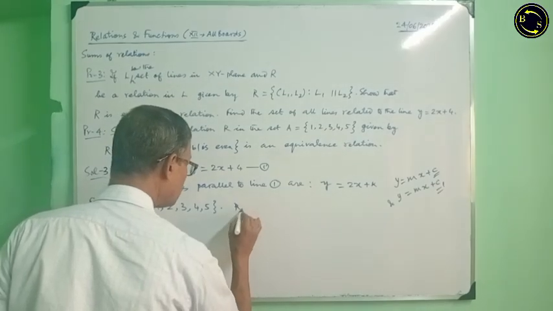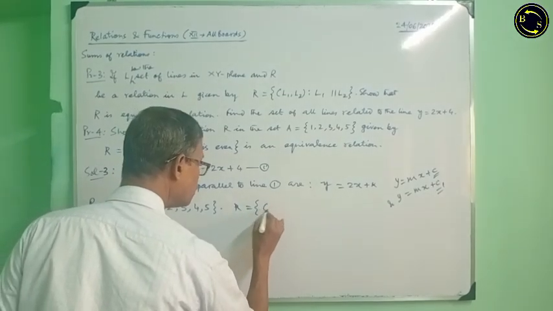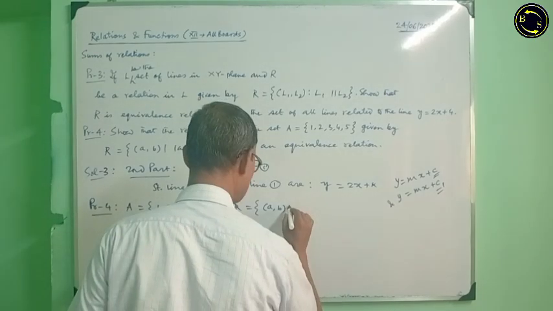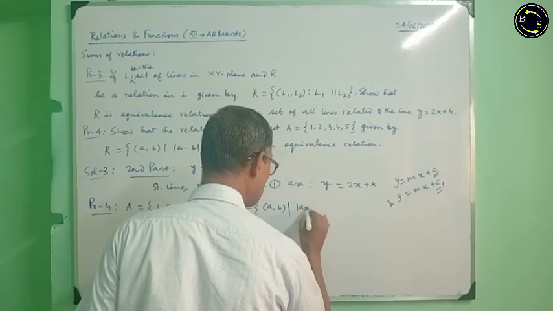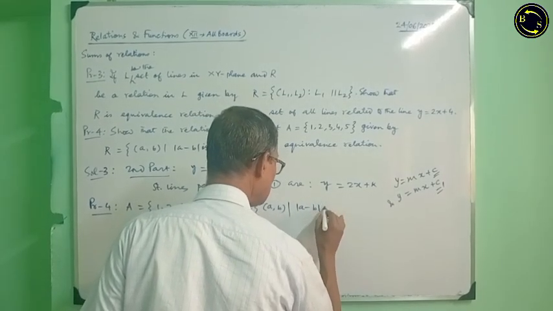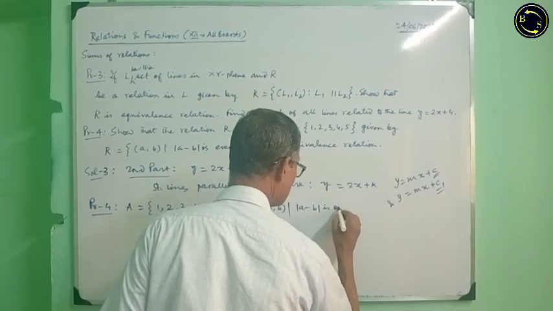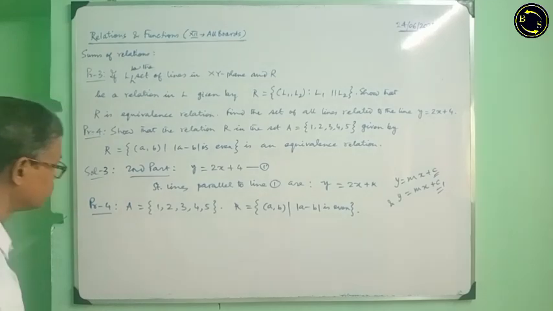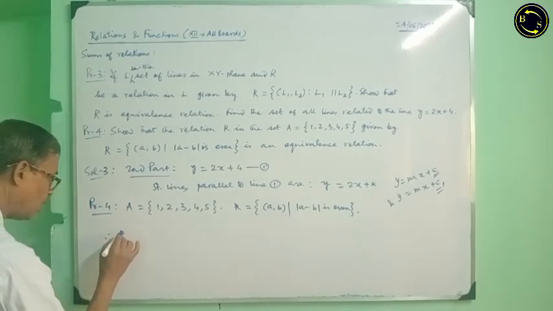R is equal to the set of ordered pairs (A, B) such that A minus B is even.